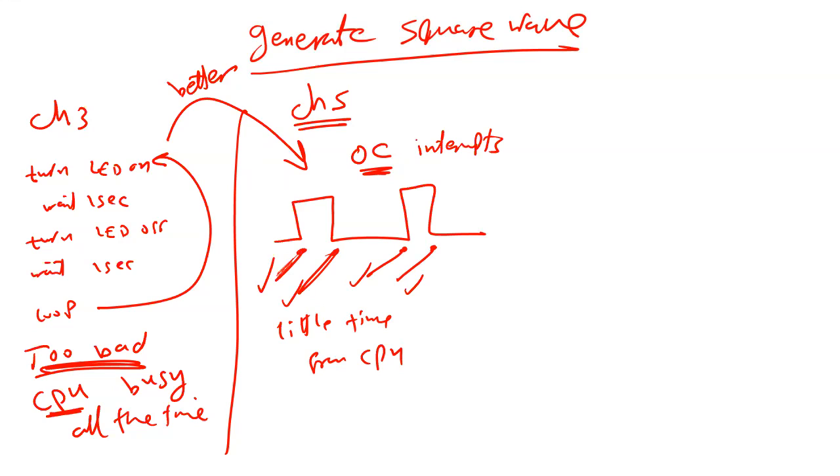Because the difficult work is done by the timer circuit, counting from here to here. The CPU is not going to count. This counting is done by the external circuit. Same thing, counting from here to here is done by the external circuit. All I need from the CPU is just a little bit of time to execute the subroutine. Instead of the previous approach, where the CPU was busy all the time, here it's only some time here, some time here, some time here.